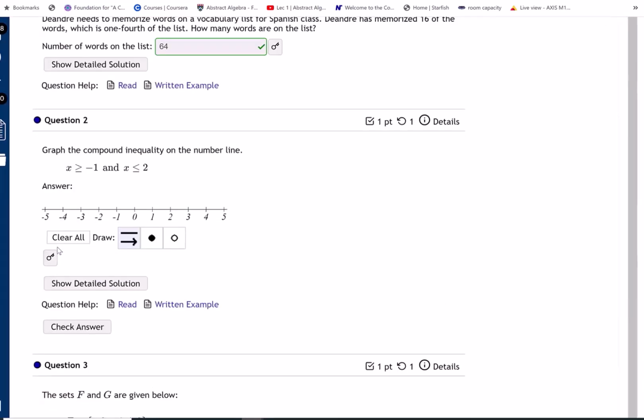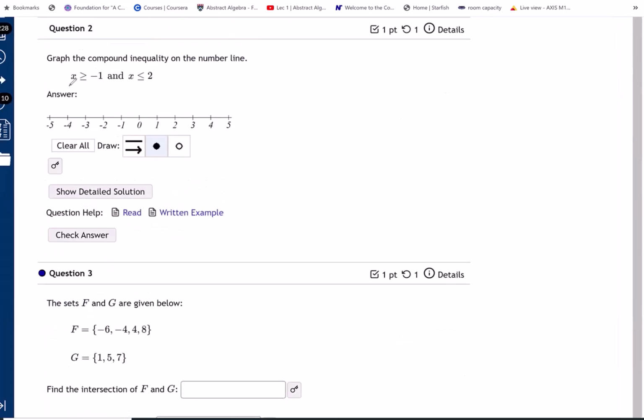Question number 2. I have these two functions that I'm going to graph on a number line, and I want to figure out what this means. And always means intersection.